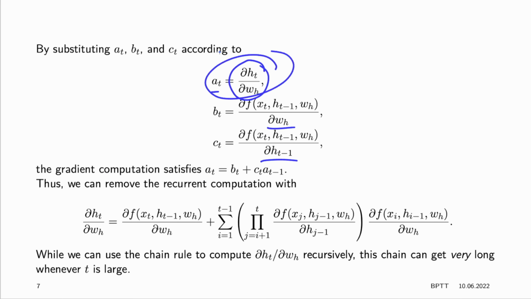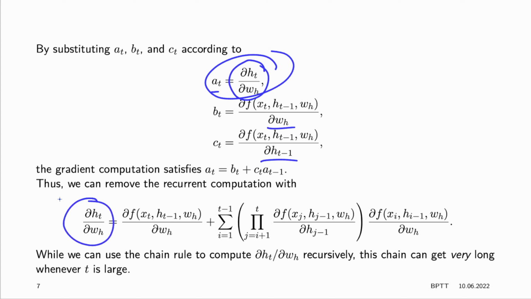So we can see that the gradient that we want to compute, the gradient of h_t with respect to w_h, satisfies this a_t equals b_t plus c_t times a_{t-1} recursion. So we can plug in the same formula as before.